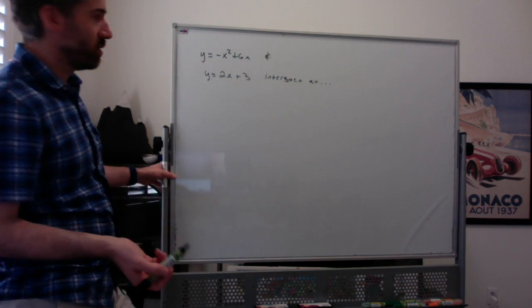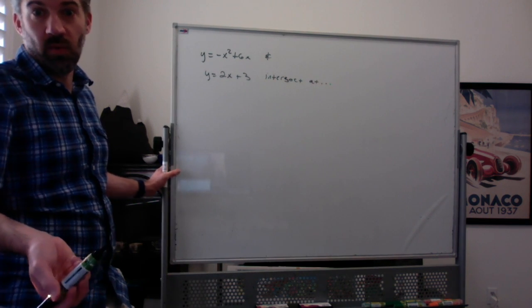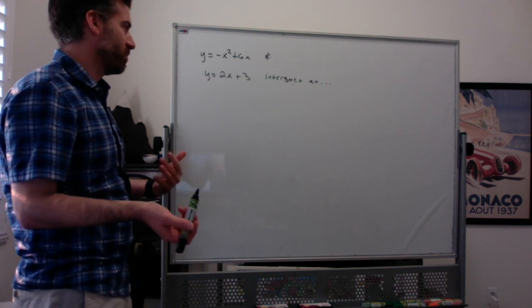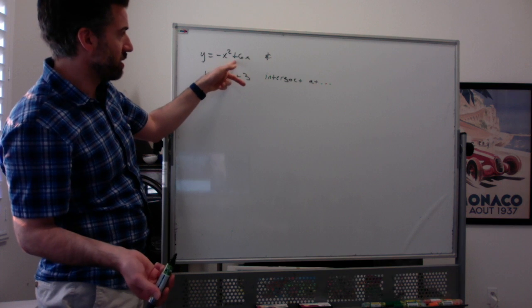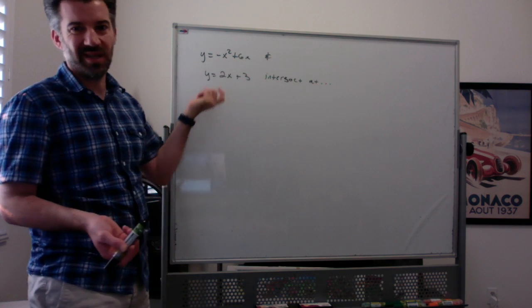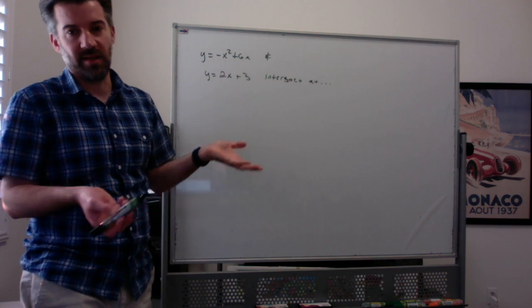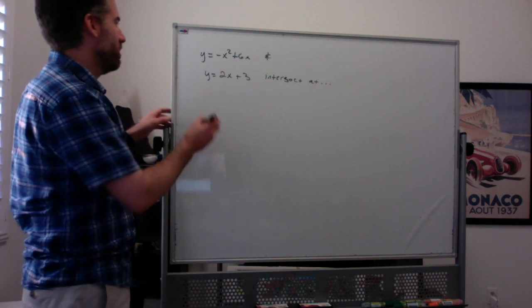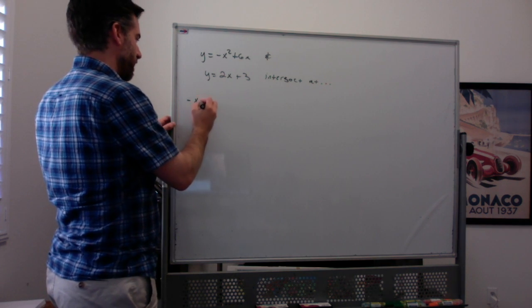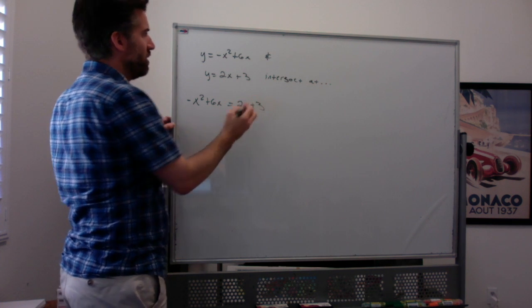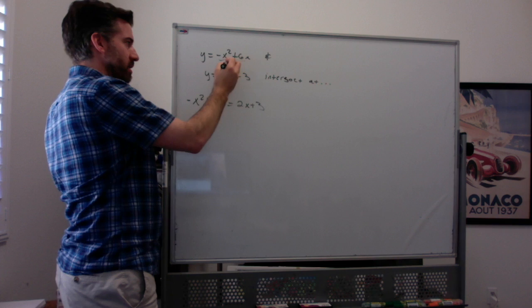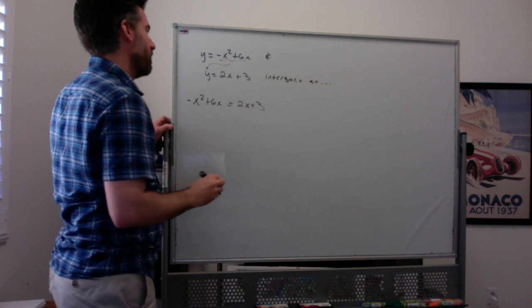The way we find where two things intersect is by substituting one into the other. Since we've got them both solved for y, you're just setting the equations equal to each other. So I'm going to set negative x squared plus 6x equal to 2x plus 3. But really you can think about it as substituting this in for y there.